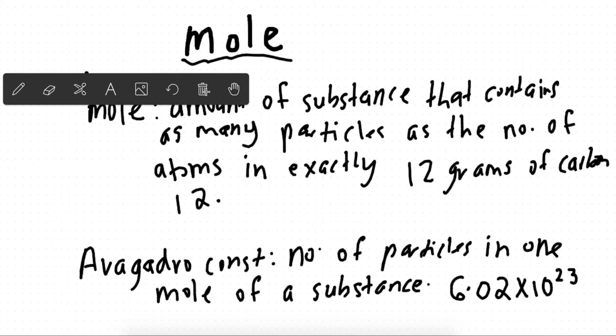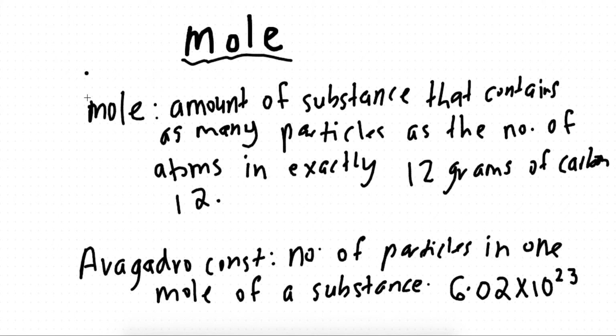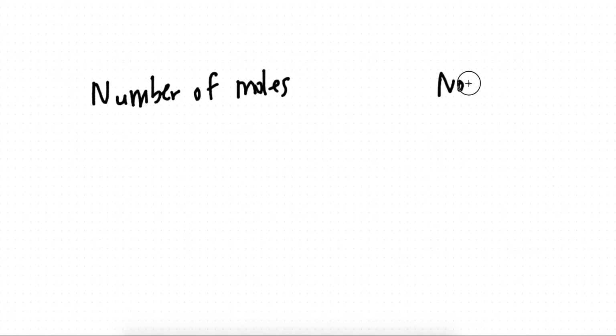Okay, now we know that the Avogadro constant has a value of 6.02 times 10 to the power of 23. Now we need to understand how the calculations work. Okay, so for the first set of calculations, we're going to have the number of moles, and we're going to have the number of particles.